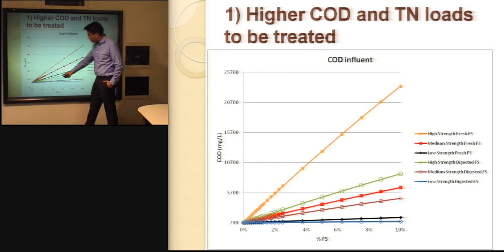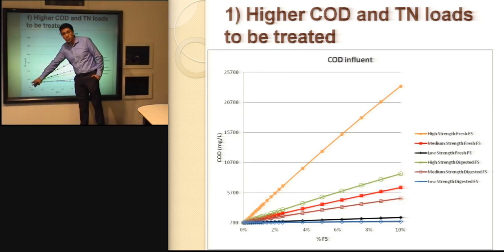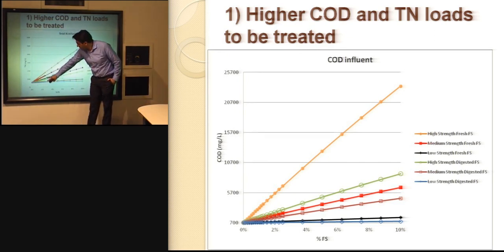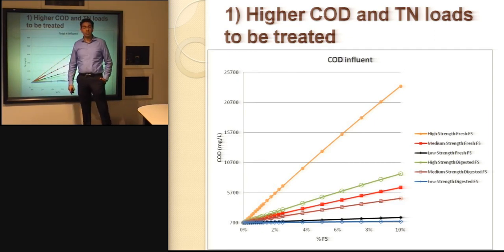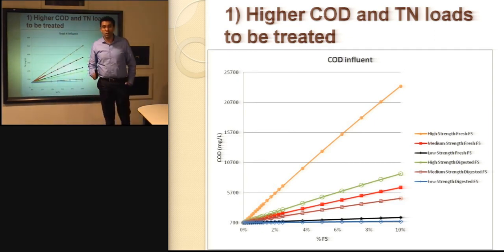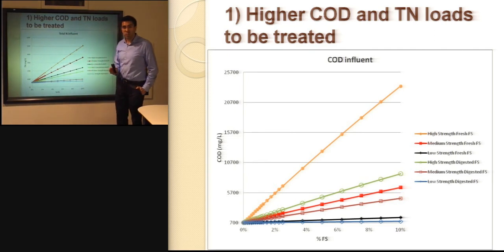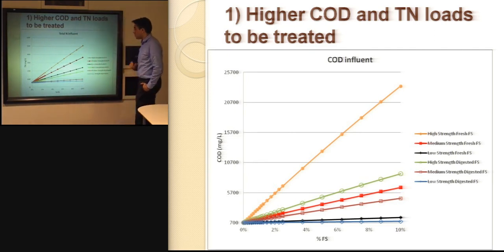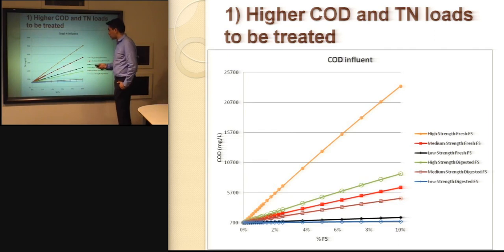From 75 milligrams per liter of total nitrogen that we were removing in the plant before the discharge of fecal sludge, now very easily we will reach up to 150, almost 200 milligrams per liter of total nitrogen if fecal sludge starts to be discharged into the plant. So almost double or more than double the concentration originally treated.